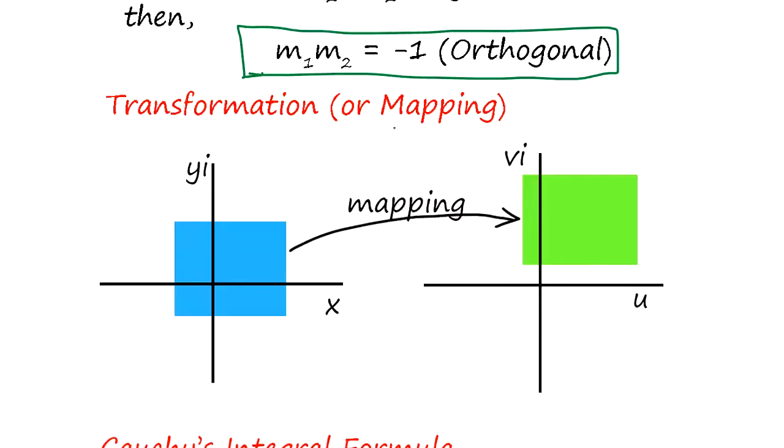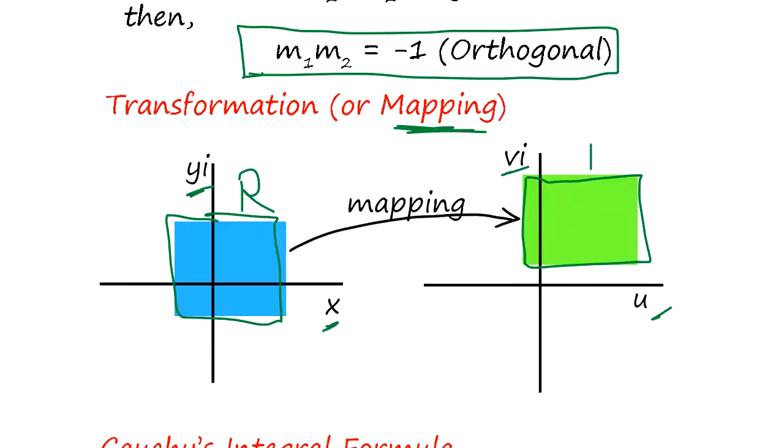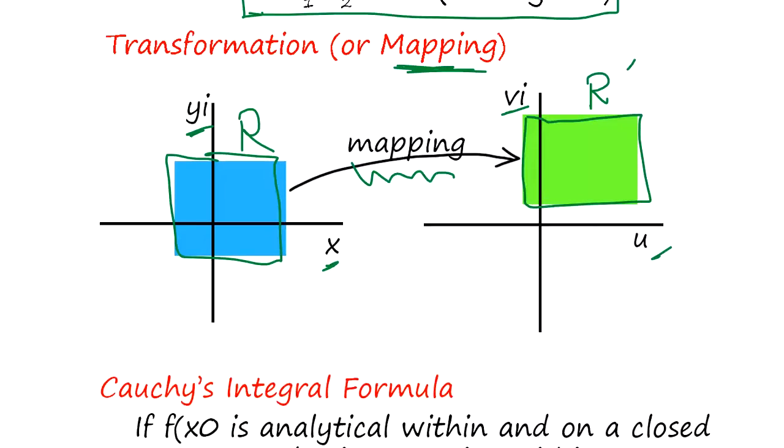A transformation is called mapping. You have x and yi, u and vi. The region R changes to a different region. Okay, it's called mapping. Now, this implies that complex number calculus can be used for coordinate transformation.